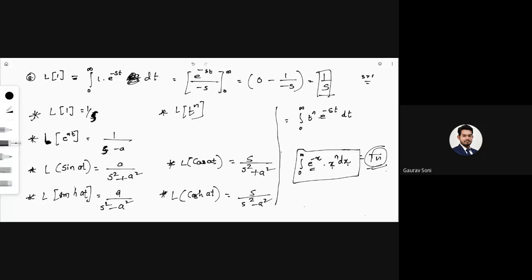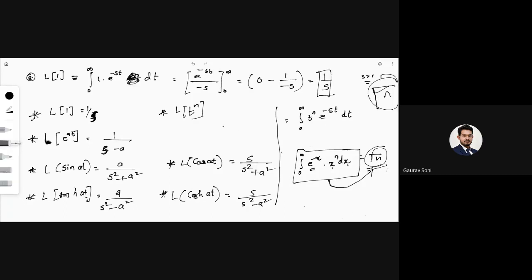Wherever this integration occurs, the answer is gamma of n. That's all you have to remember. Let's not go into the details of it. This is how the gamma function is defined. It is not under root, it is gamma. Look, the notation is like this: a horizontal and a vertical line. That's it. Gamma of n.